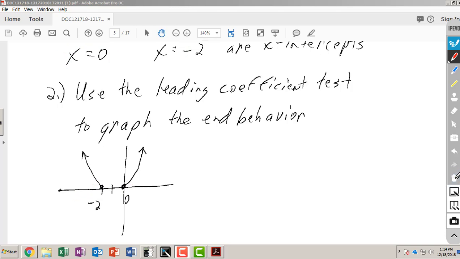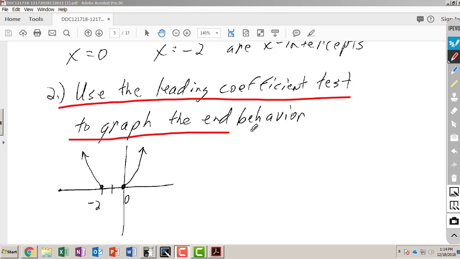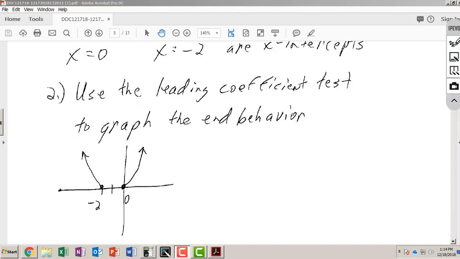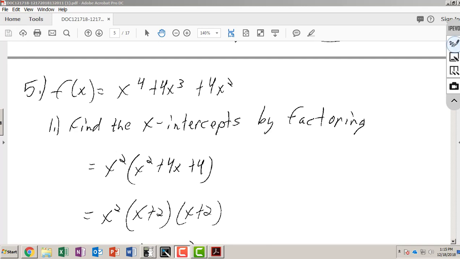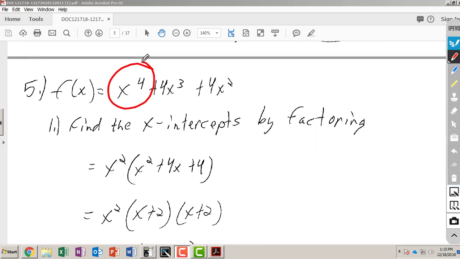Okay, once you're done finding your x-intercepts, you need to go ahead and use the leading coefficient test to graph the end behaviors. So notice that my leading coefficient of this problem is right here. Here's my leading coefficient, x to the 4.